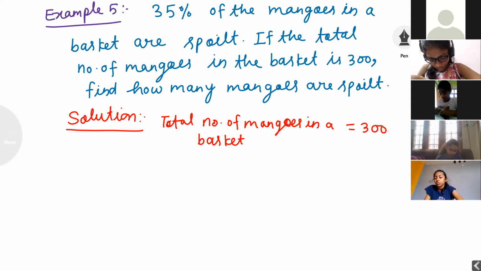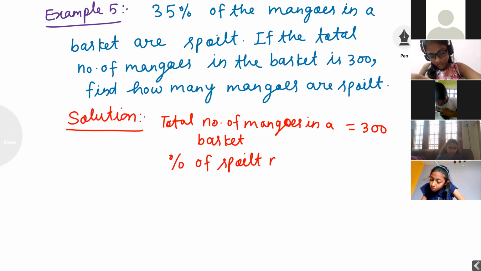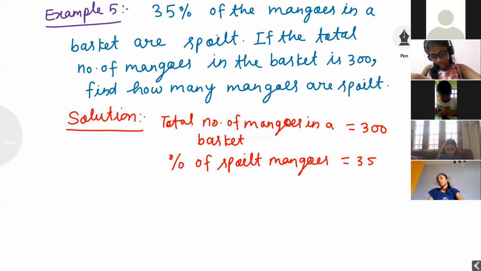Percentage of spoiled mangoes is equal to 35%.